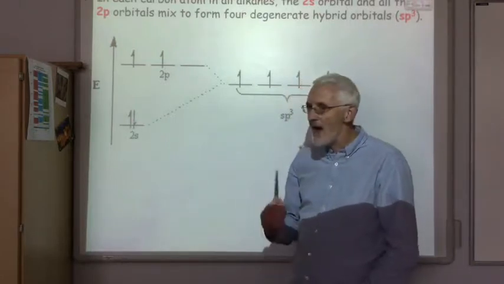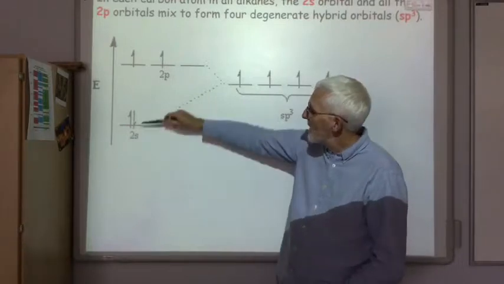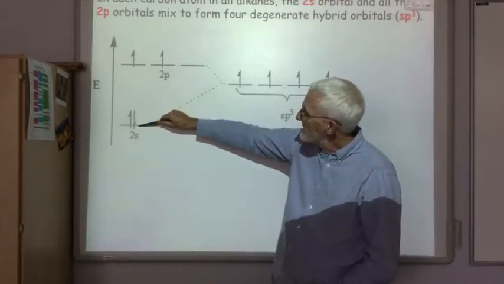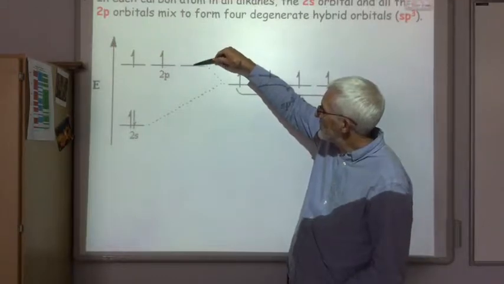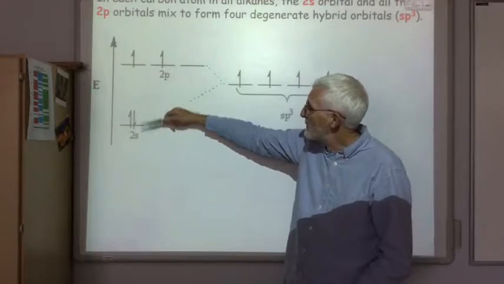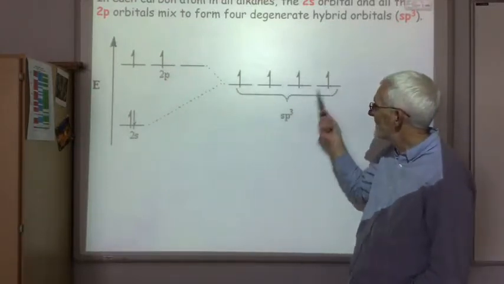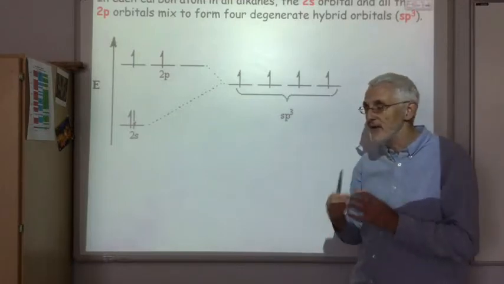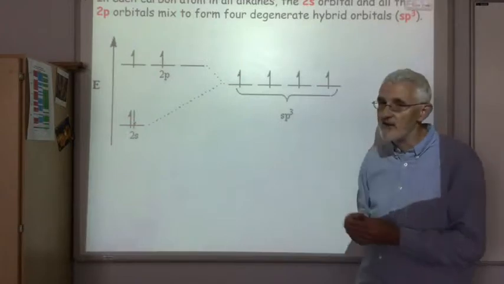So what happens before the molecular orbital is formed is one of these s electrons is promoted, excited into a 2p orbital, and then the 2s orbital and all 3 of the p orbitals mix together to form a hybrid of 4 hybrid orbitals known as sp3.